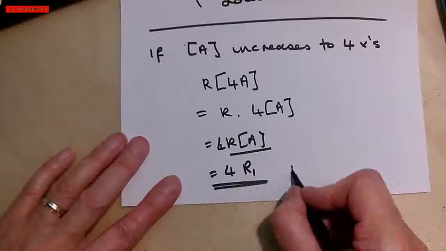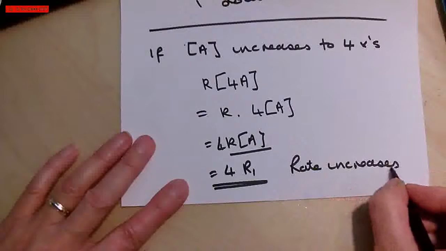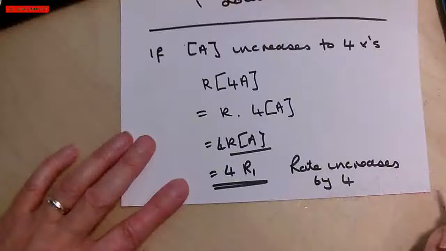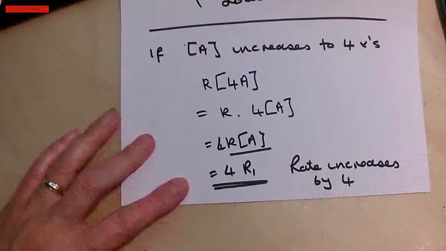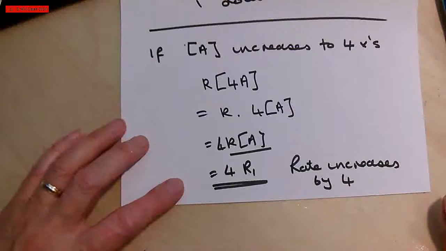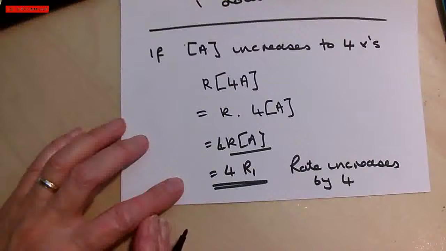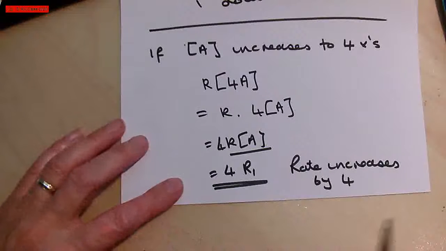So we can see that the rate increases by 4. So we've actually got a linear relationship. So as we increase the concentration of A, the rate will increase by the same amount.